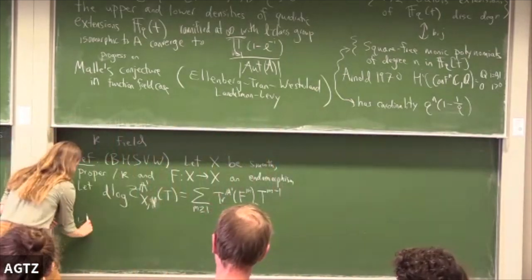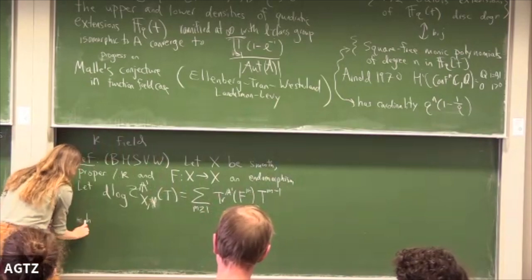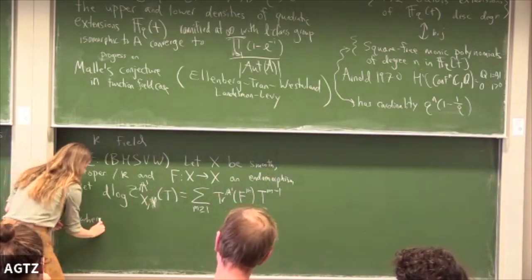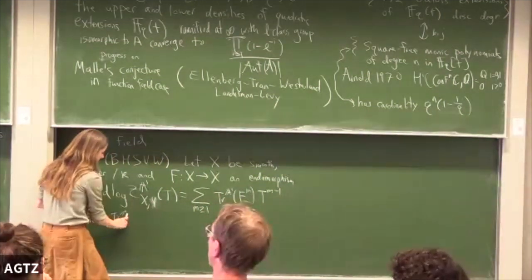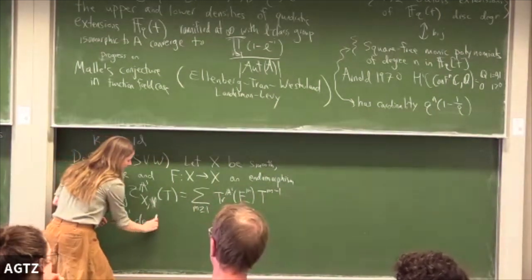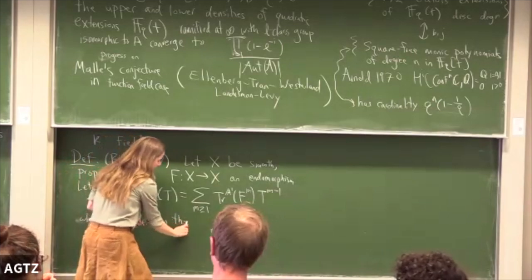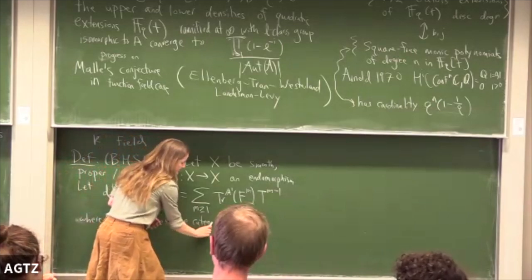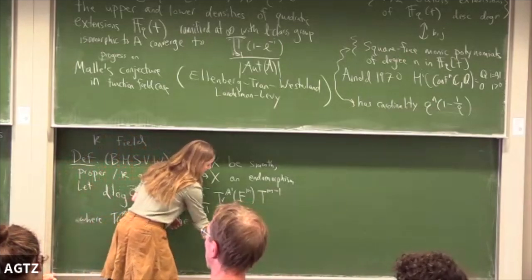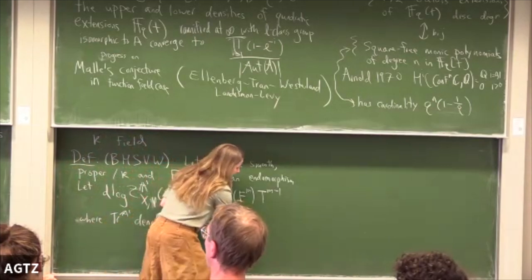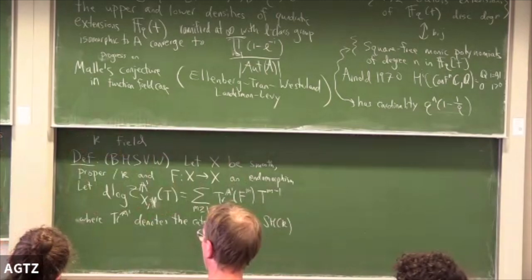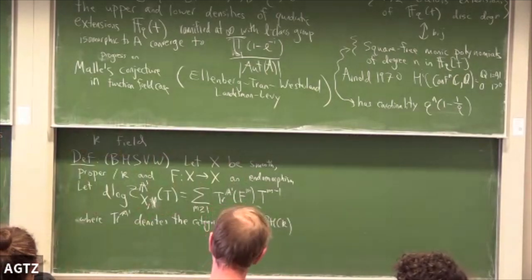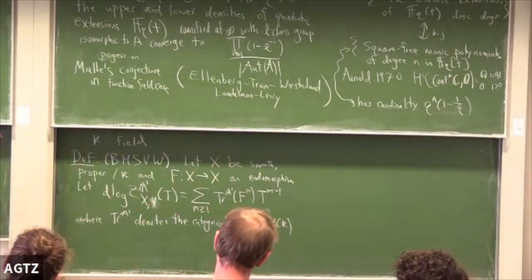where trace A1 denotes the categorical trace in SH(K), where that is, again, the stable A1 homotopy category of Morel and Voevodsky.